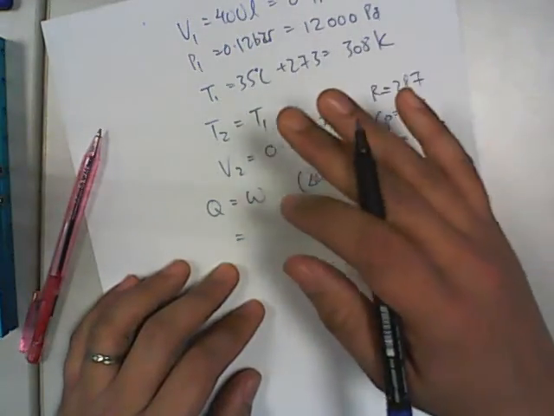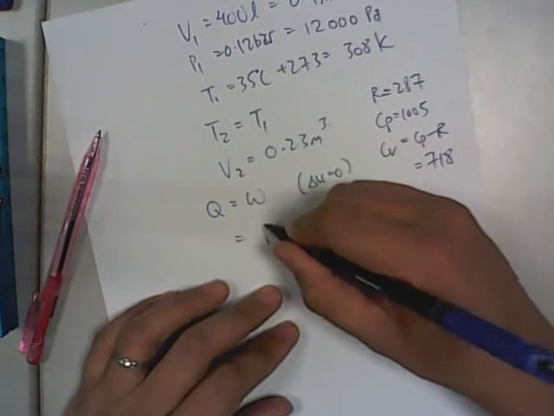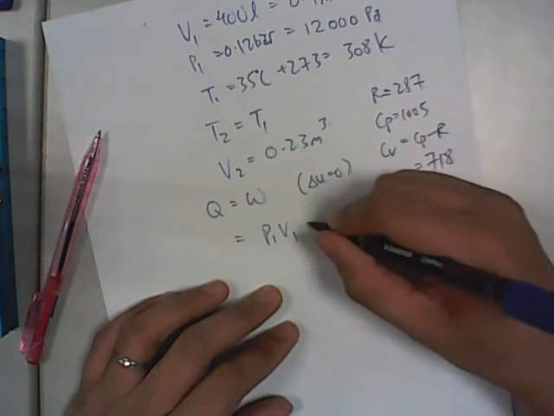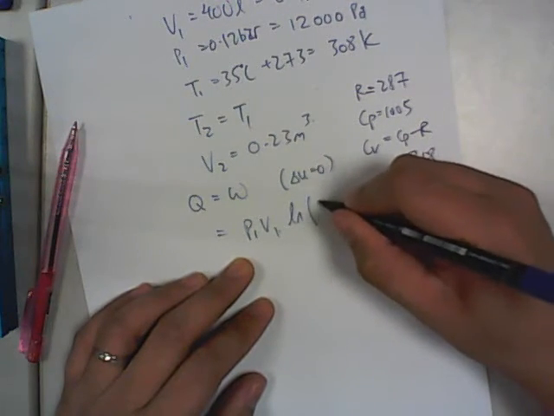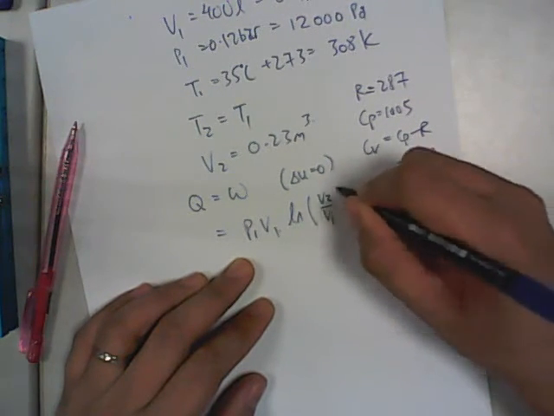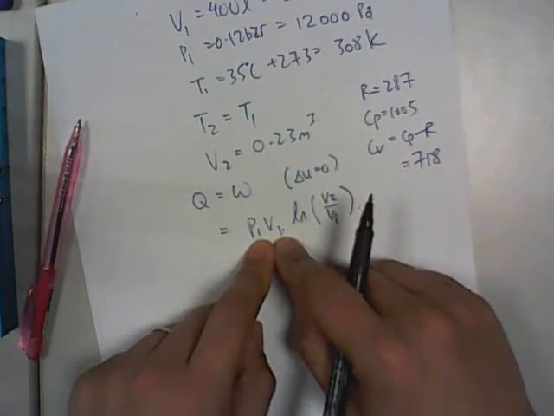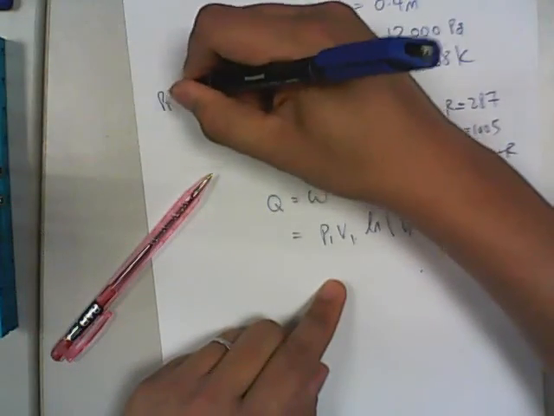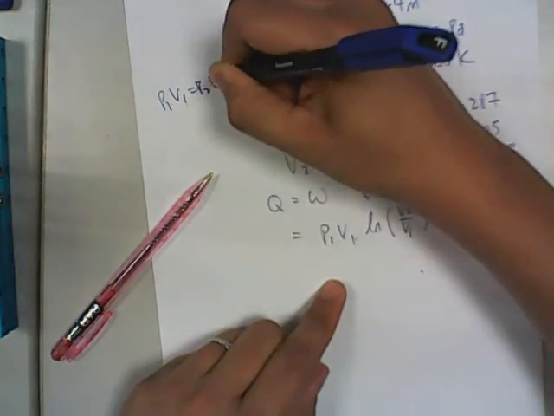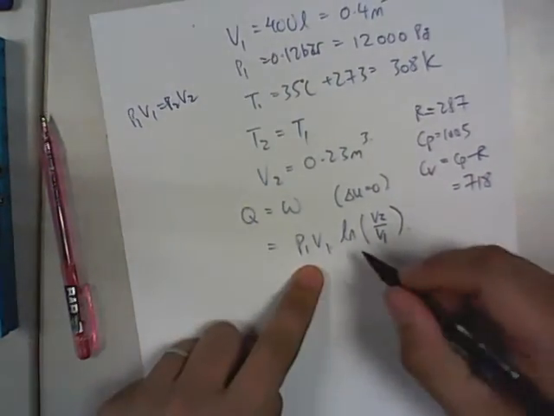Although we can find mass, you can save number of steps by just using the other formula, P1V1 natural log V2 over V1. P1V1 or P2V2, it doesn't matter because they are the same. Remember your Boyle's law? So if you have this, you use this. If you have this, then you use this.